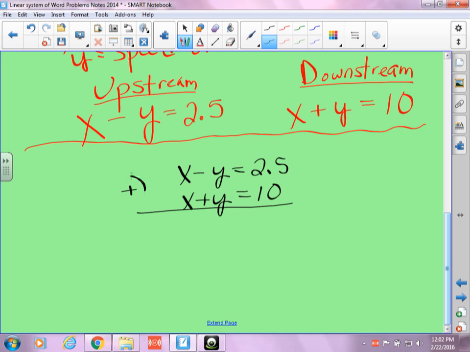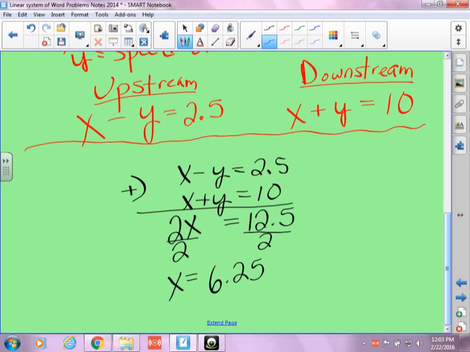How about add? I think it's easier. So 2x equals 12.5, because I eliminated y by adding. I mean, you could subtract, it'd be fine. Divide by 2, x gives me 6.25.